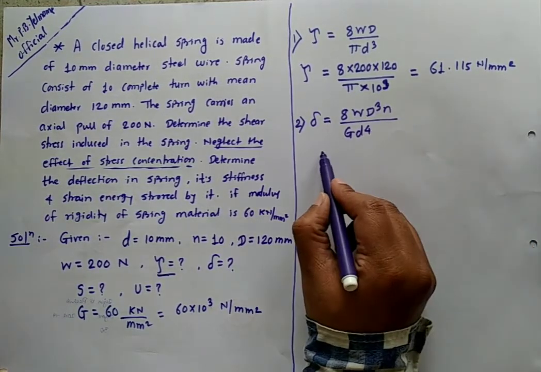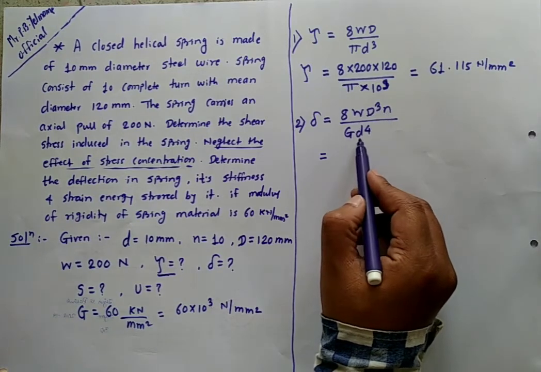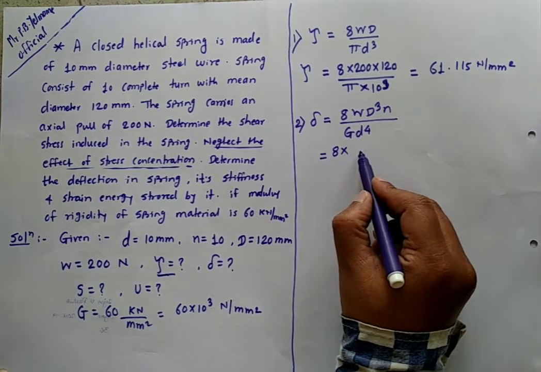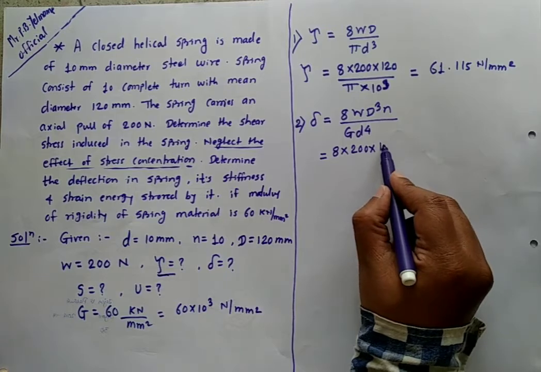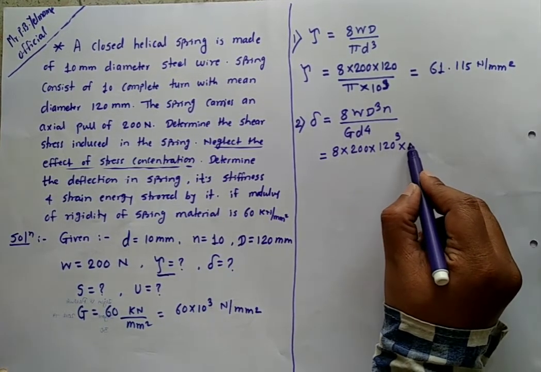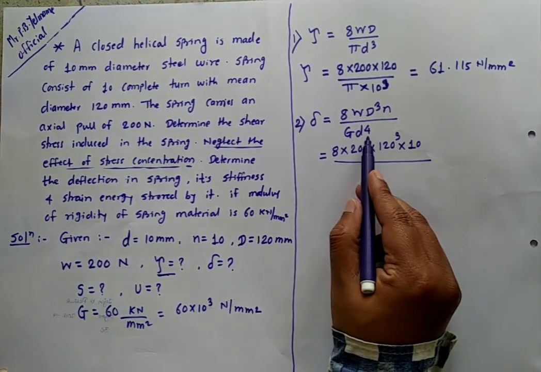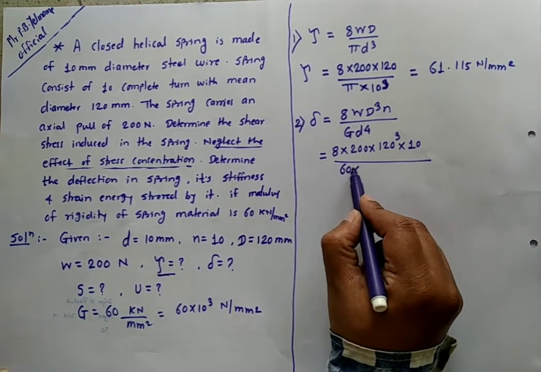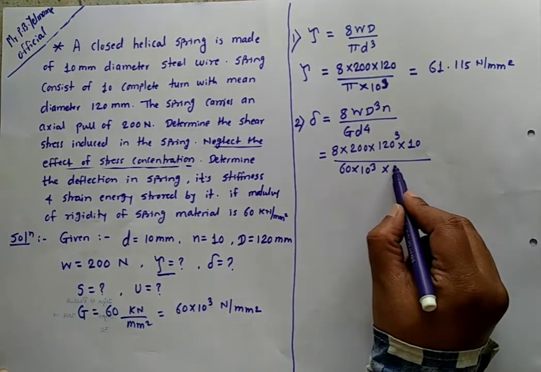Now put the values: 8 into the value of W, which is 200, the value of capital D is 120 cube, the value of small n is 10, divided by G into d, where the value of G is 60 into 10 raised to 3, and the value of small d is 10.